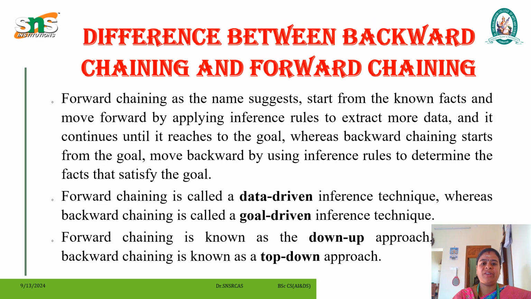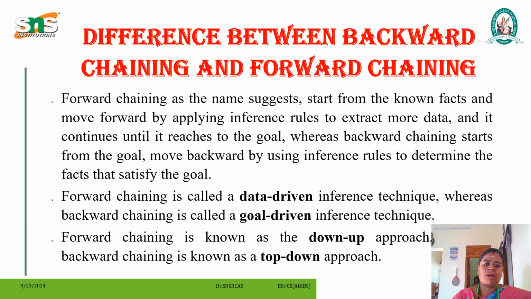Next one, difference between backward chaining and forward chaining. Forward chaining, as the name suggests, starts from the known facts and moves forward, applying inference rules to extract more data, and it continues until it reaches the goal. Whereas backward chaining starts from the goal and moves backward, using inference rules to determine the facts that satisfy the goal.